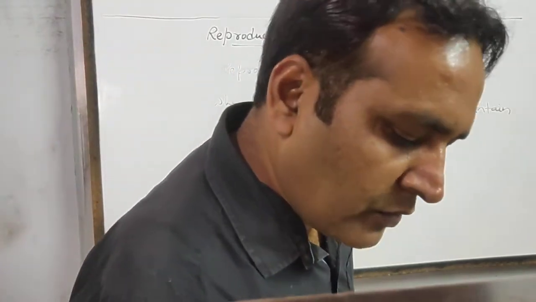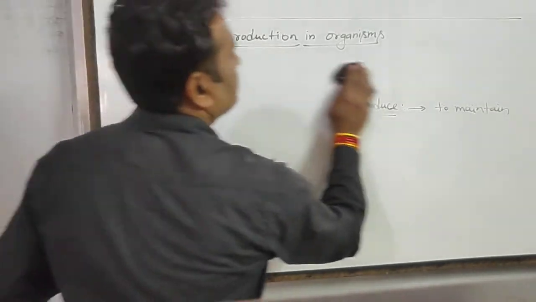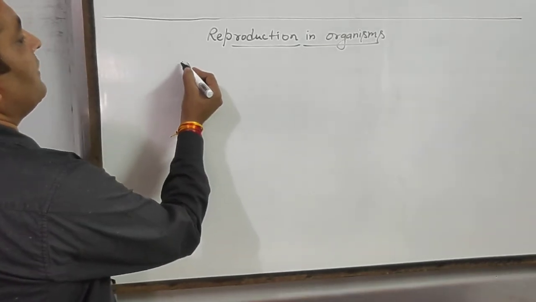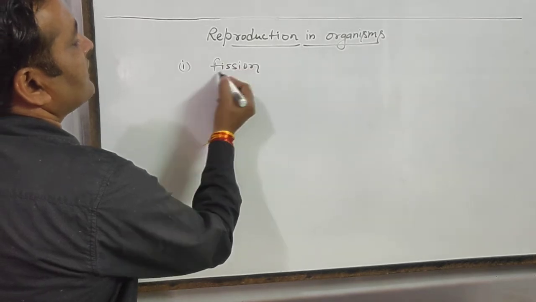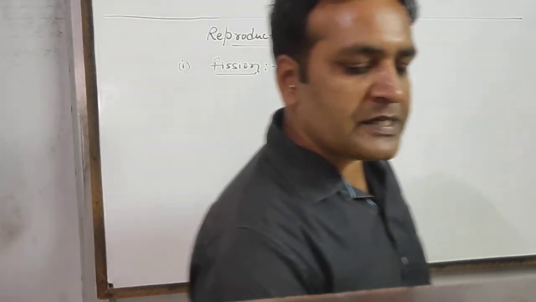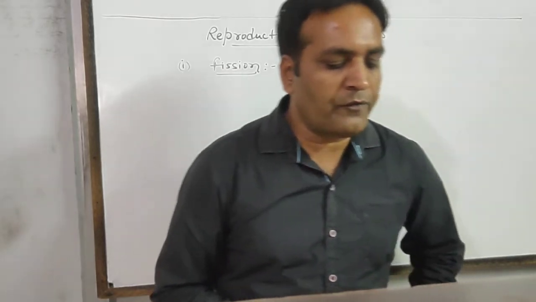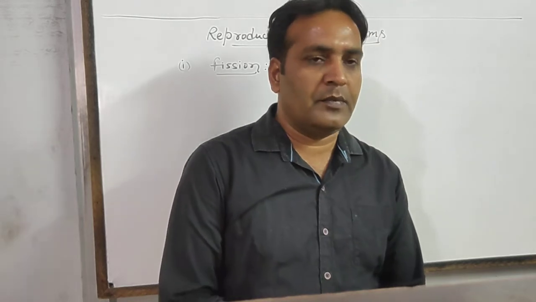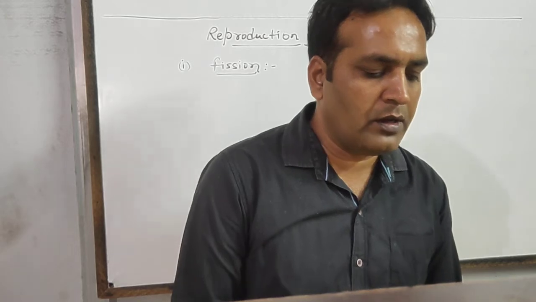So we will talk about various modes of asexual reproduction in organisms. First of all, the mode of asexual reproduction is fission. The term fission means division. In this mode of reproduction, the single cell organism divides itself into two or more halves.